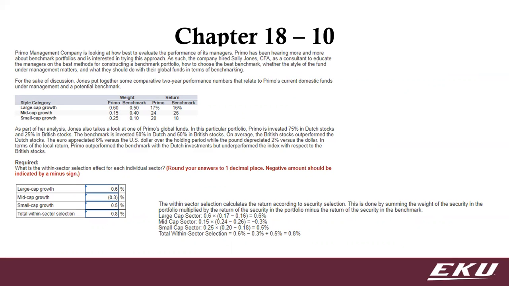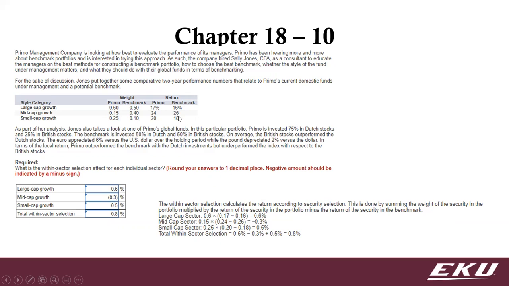Obviously with this problem and the next one too, there's a lot of verbiage, but if you see what we're trying to do, there's this large cap growth, mid cap growth, small cap growth. And so we know what those were, right? And then we have what our return was, and then we have what the benchmark return was, right?